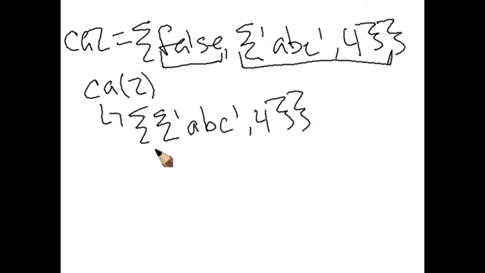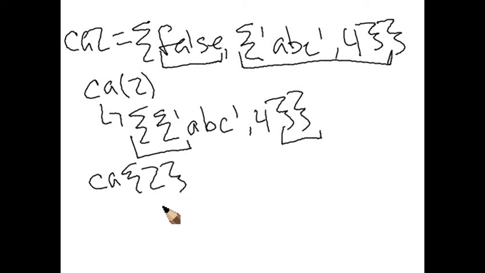Okay, so since I have a nested cell, when I index with parentheses, I get double curly braces here. By indexing with my crack hands, I would still have a cell containing the string ABC and the number 4. Okay?